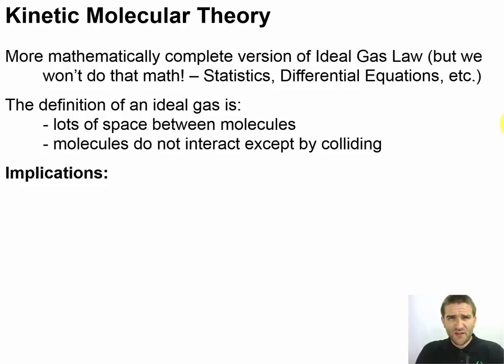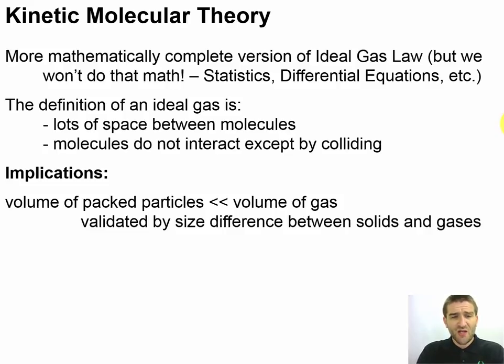Now, let's take a look at some implications that came from that and how it led to kinetic molecular theory. So, one thing we've pointed out is that the volume of our packed particles is going to be very small versus the volume of the gas. In other words, if I take a small piece of dry ice and then I allow that gas to sublimate and turn into a gas and expand, that gas is going to take up a lot of space compared to when it was compacted into a solid.